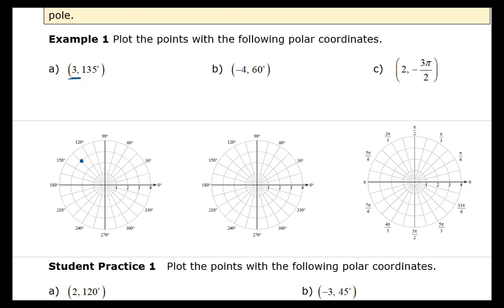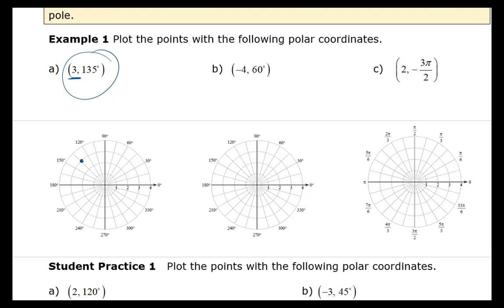So I've plotted the point (3, 135). Because 3 is positive, it falls on the terminal side of that angle, which is at 135 degrees, and I am 3 units away from the pole.